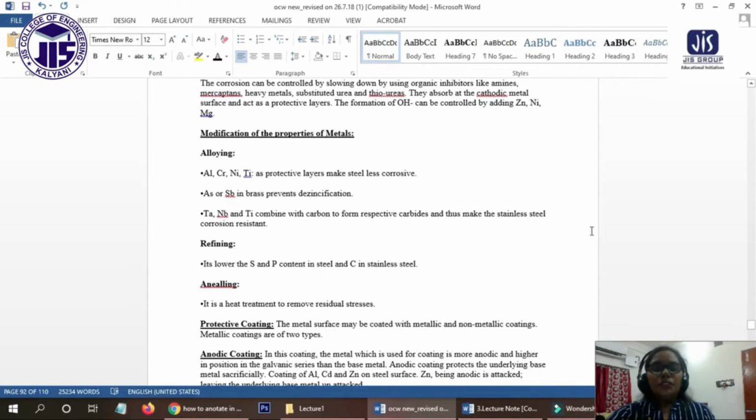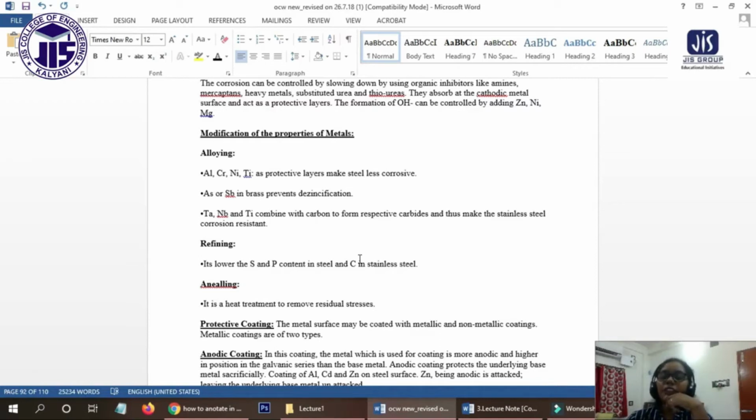Next, come to the part that is modification of the properties of metal. Now we can also modify the properties of metal to prevent the corrosion. How? By alloying. Like if we don't use pure iron, rather than pure iron, if we use steel, what will happen?